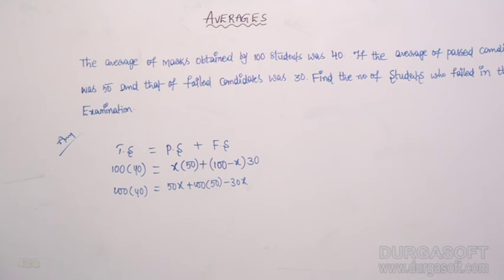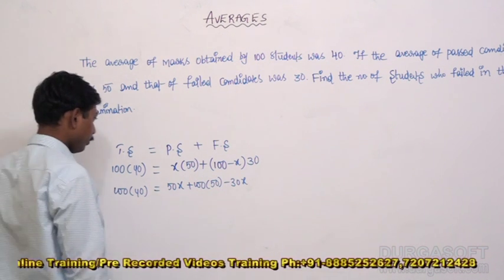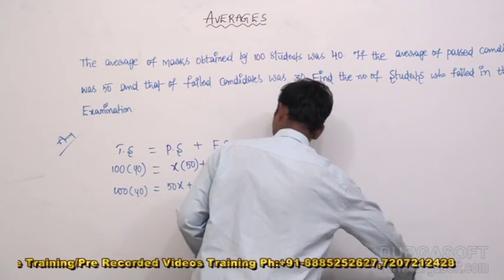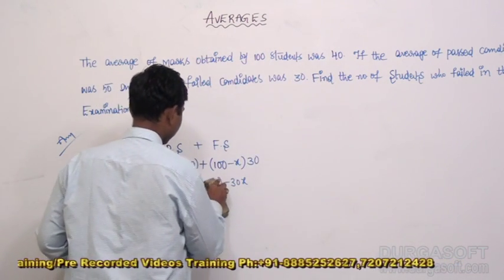For 100 students the average was 40. So for the failed ones, 100 minus x, into 30.